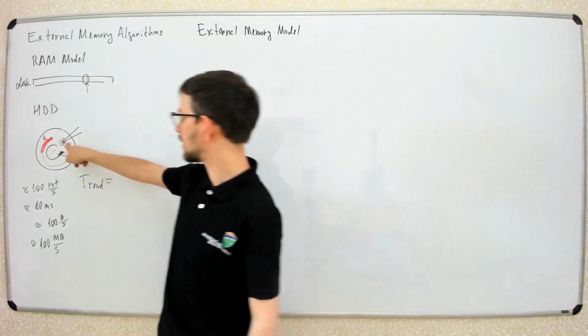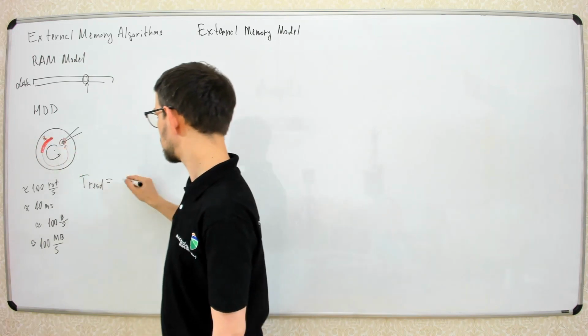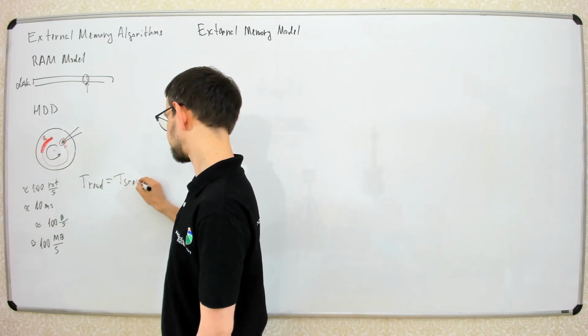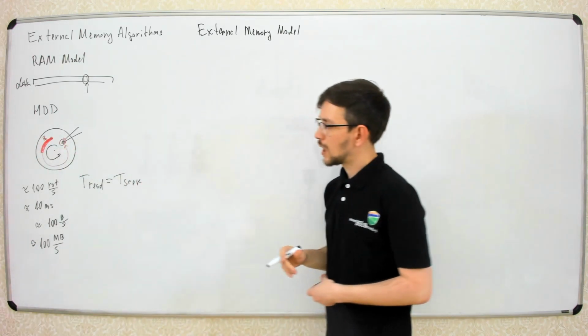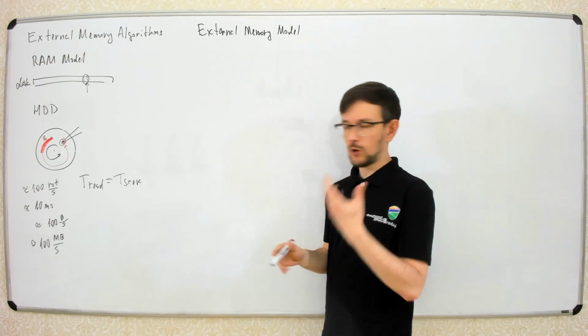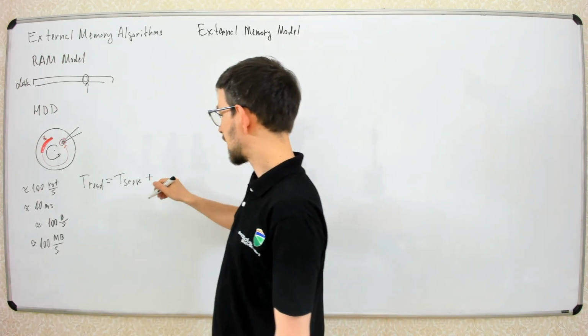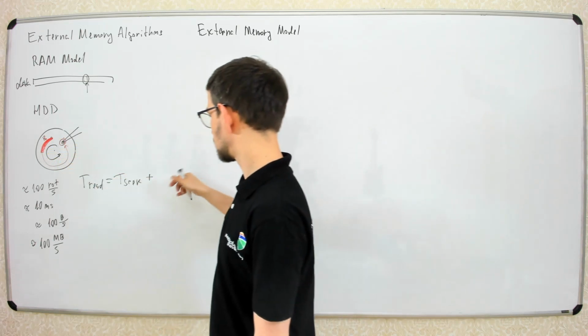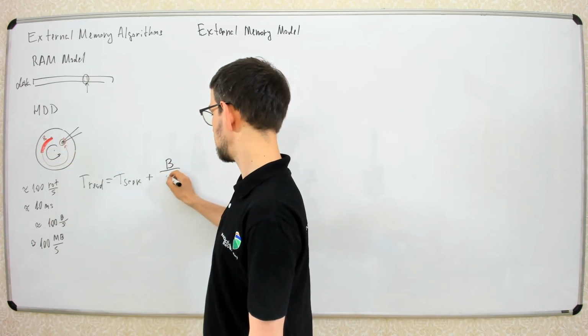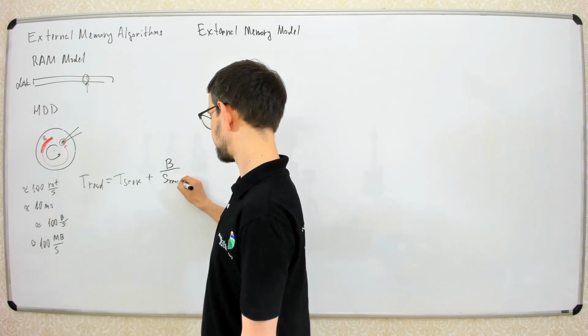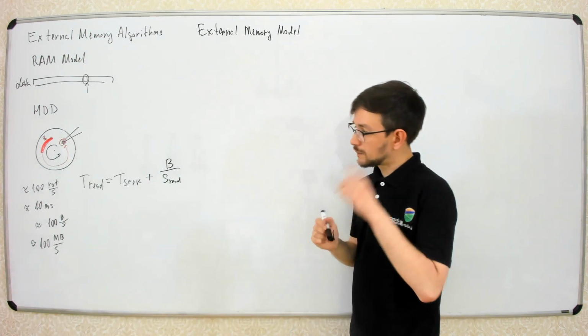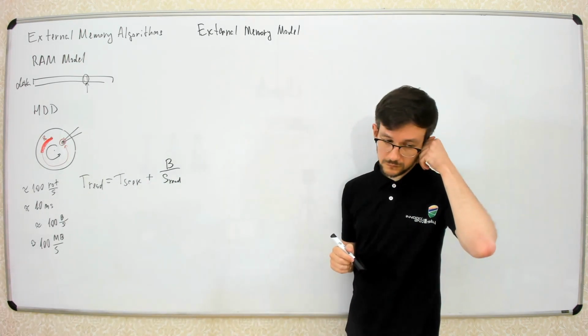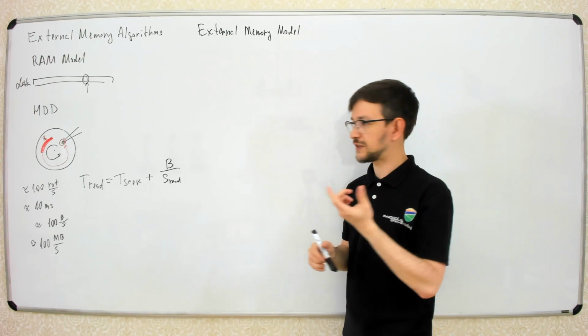First, we need to wait until this block reaches this point, this is the seek. And then we just read the whole block. The time of reading the whole block is just the size of this block divided by the speed of reading. That's the total time you need to read this whole block.